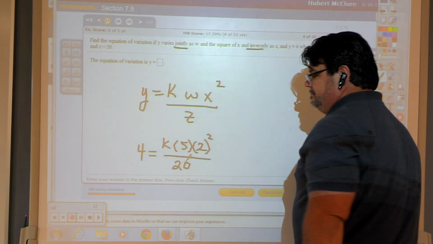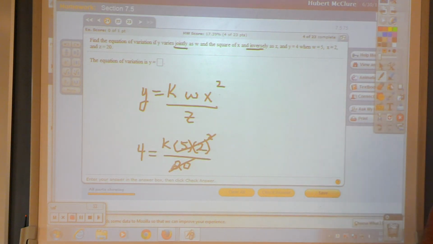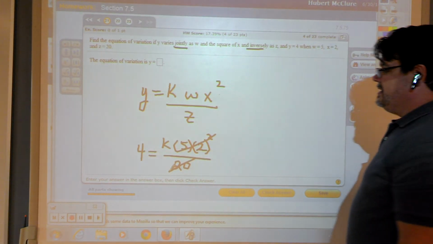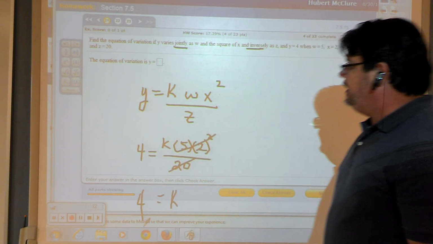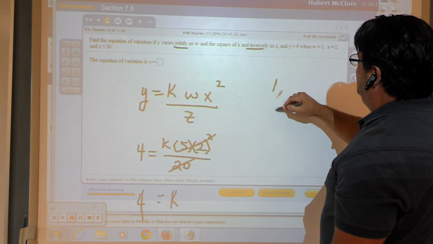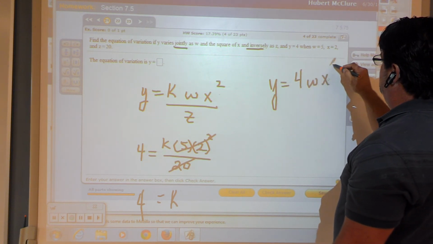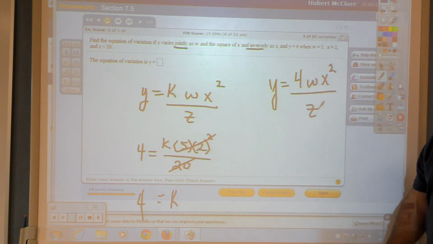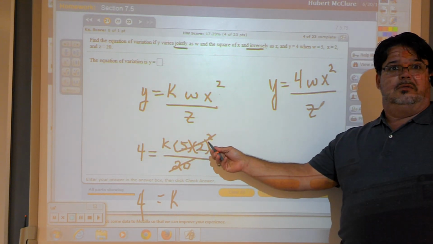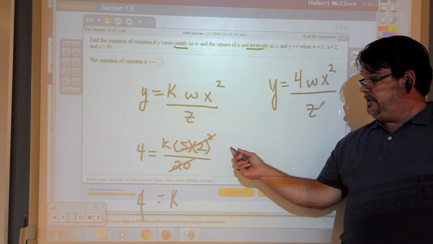You get what? 20 over 20. And that's k is equal to what? 4. And then you just plug it in. Y is equal to 4 w x squared over z. What's 2 squared? 4 times 5 is 20. 20 over 20.